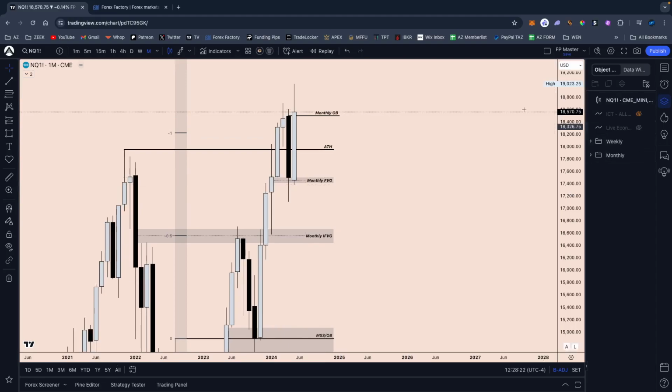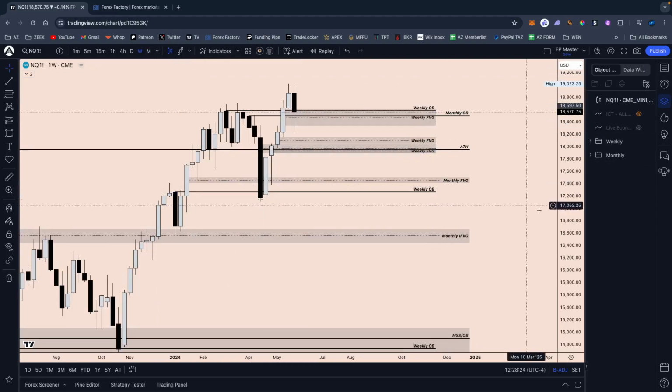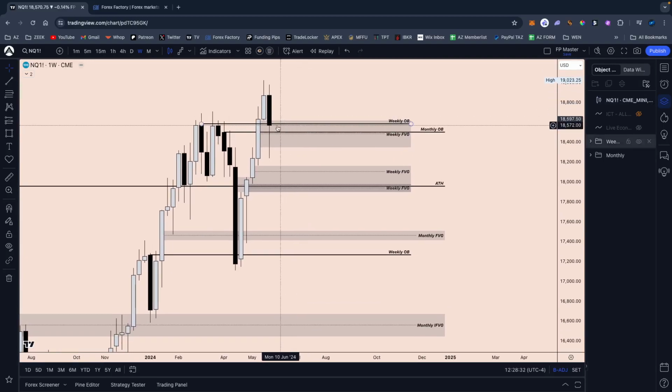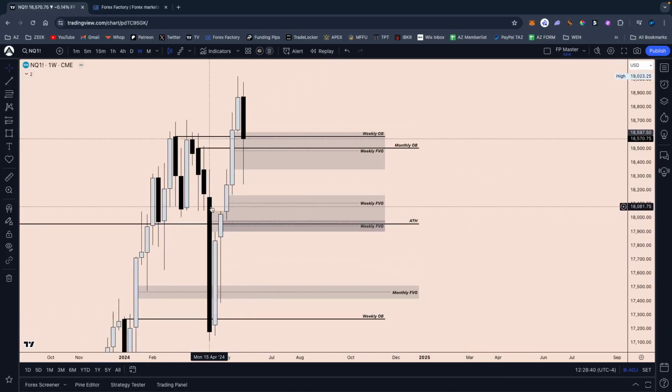Same thing here if we go to the weekly. We have a relatively large wick due to Friday's recovery, essentially. We filled in the highest bullish fair value gap, but we do have bullish fair value gaps below us. And that's the interesting part. Gonna get rid of the inversion fair value gap.